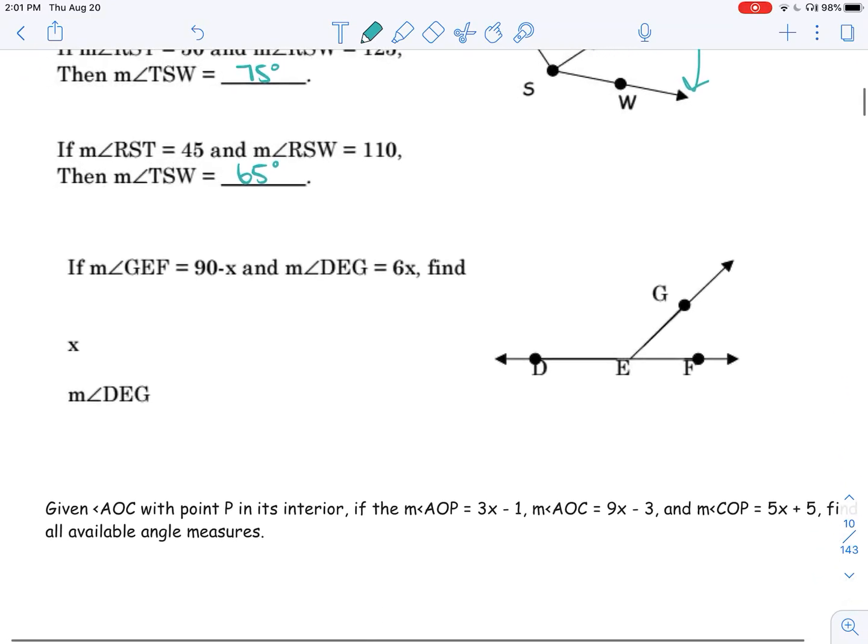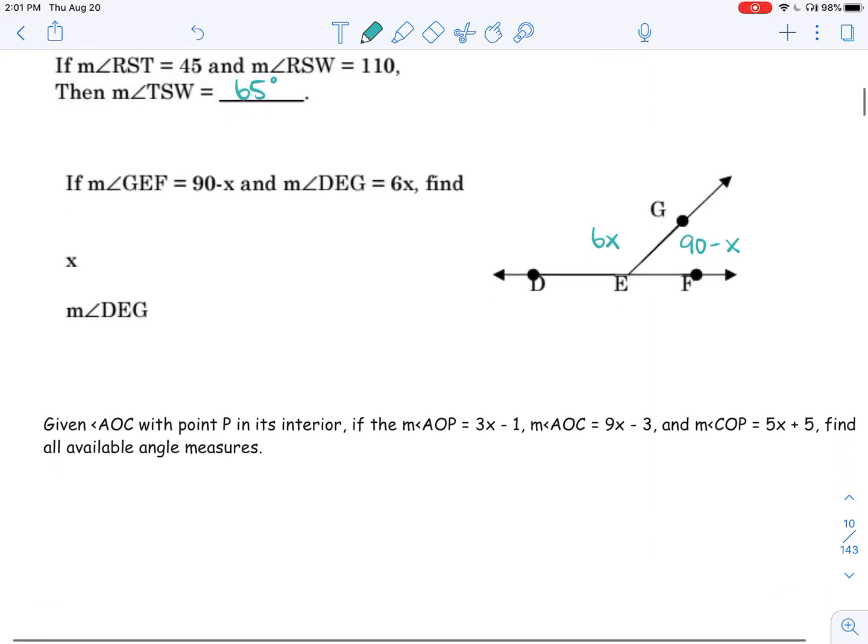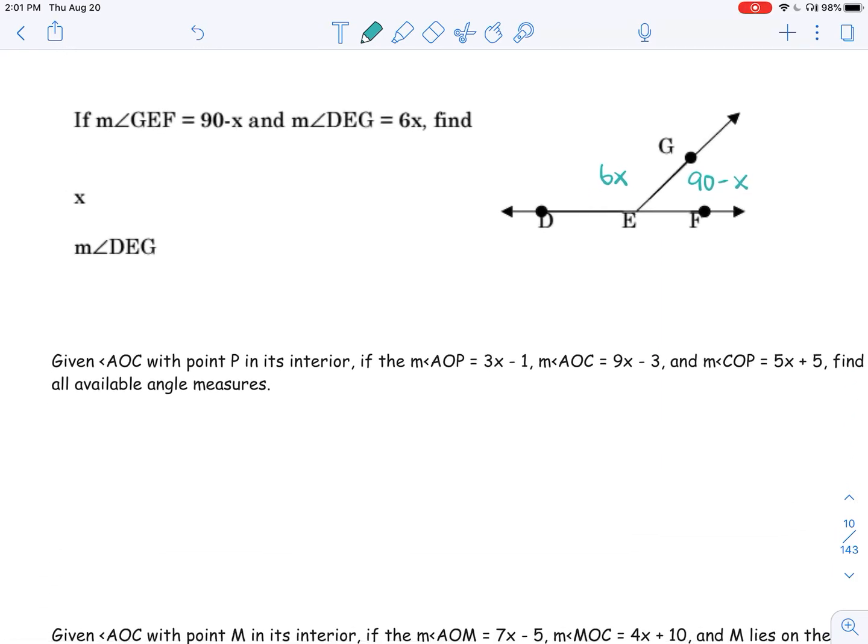All right, if GEF has a measure of 90 minus x and DEG is equal to 6x, it wants us to first find the value of x and then find the measure of angle DEG. So one thing that we do know is that angle DEF, so the measure of angle DEF, is a straight angle.